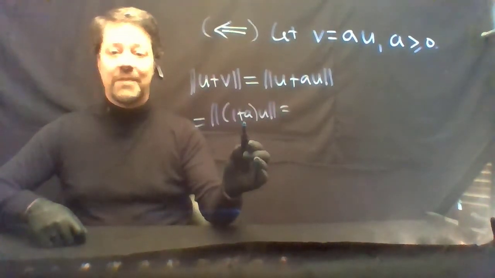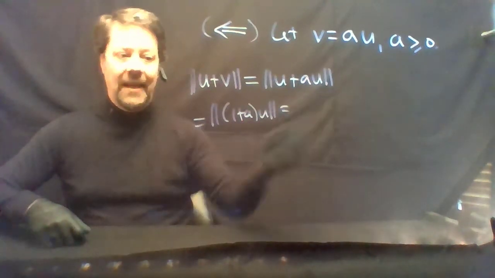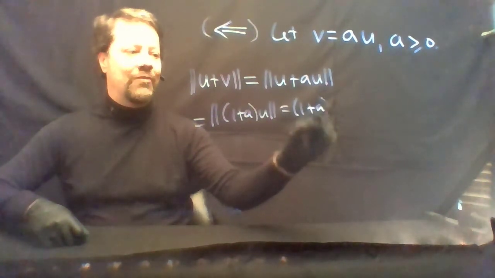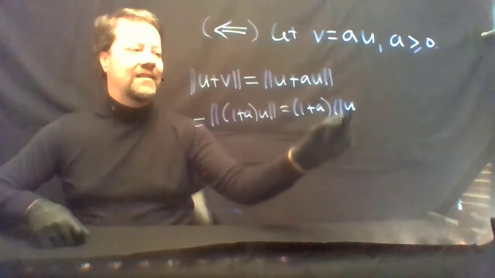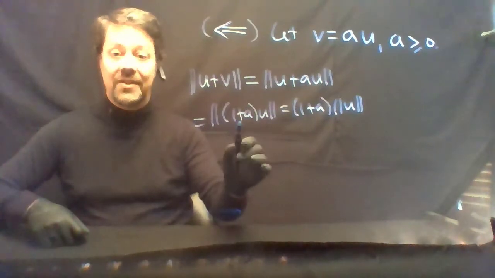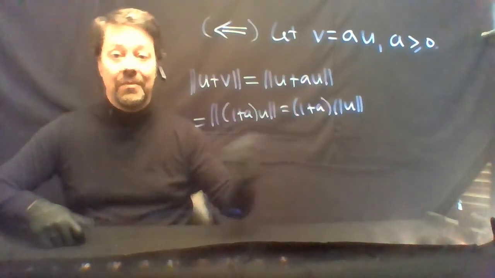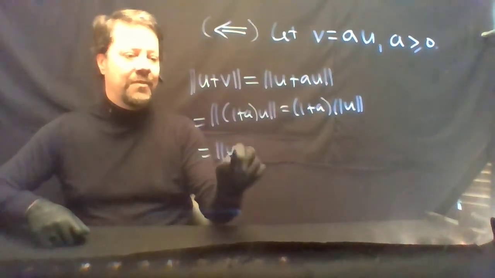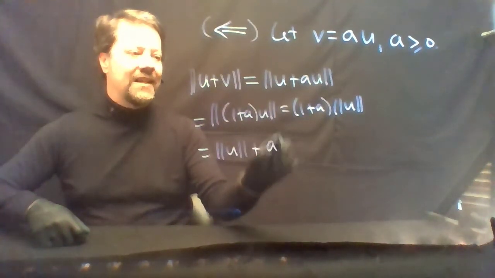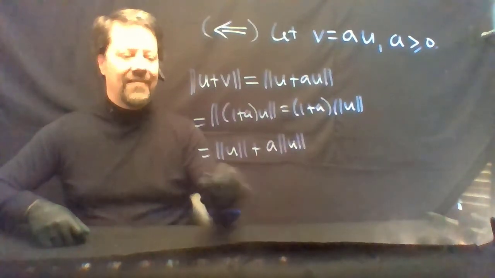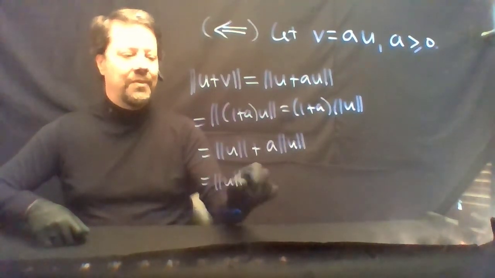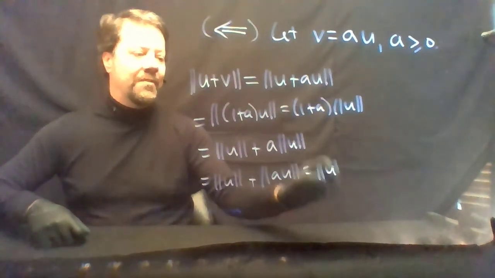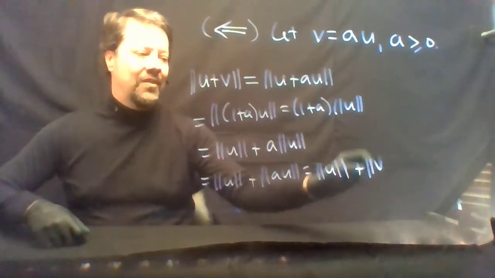Now, 1 plus a must be non-negative because a is non-negative and we're adding 1. So when we bring it out, we must have 1 plus a times the norm of u. Scalars pull out from norms with an absolute value, but we don't need an absolute value in this one. This is the norm of u plus a times the norm of u, which is the norm of u plus the norm of au, or the norm of u plus the norm of v.